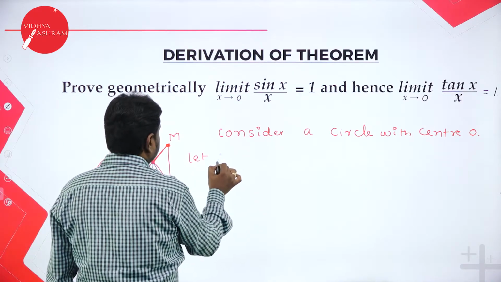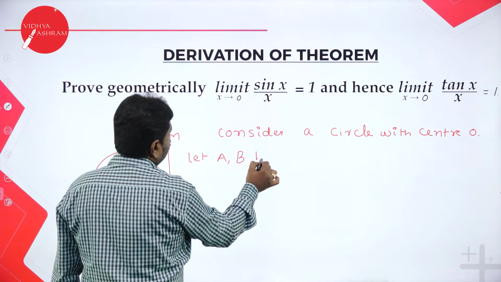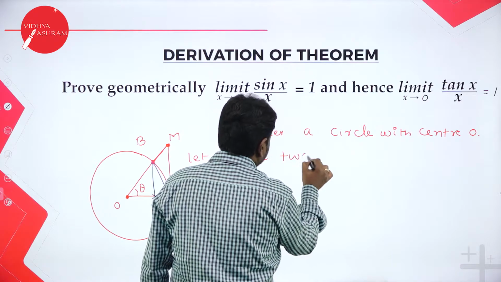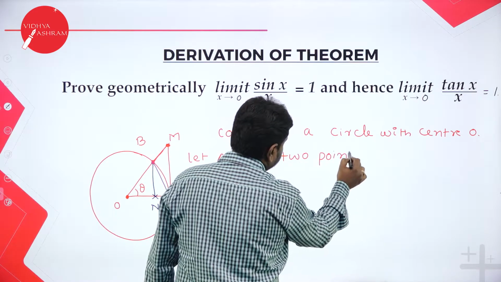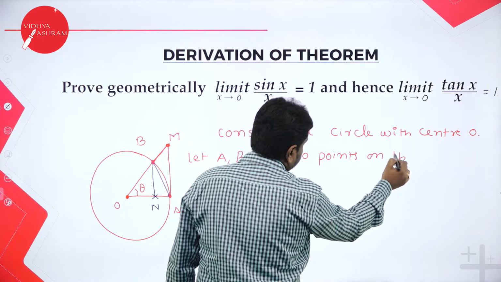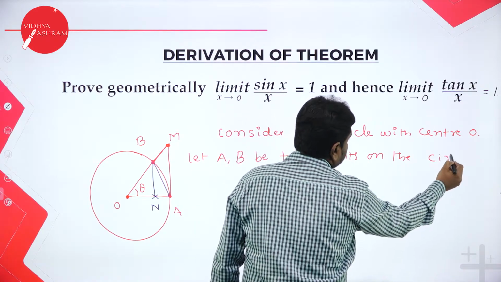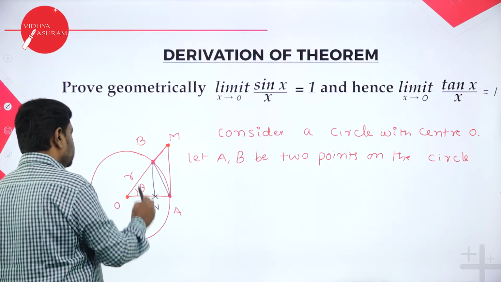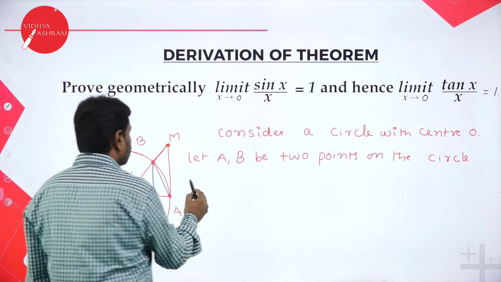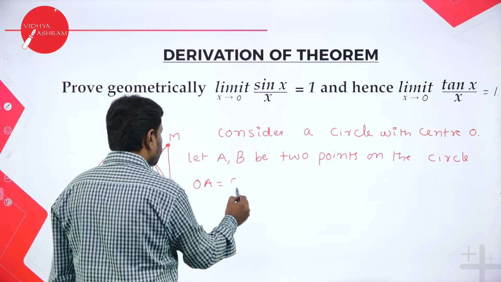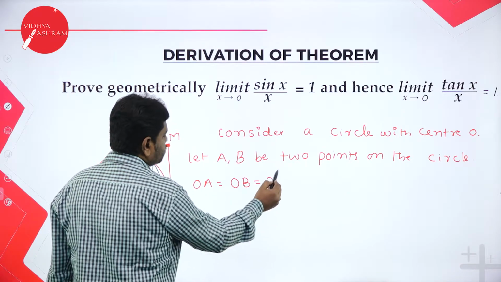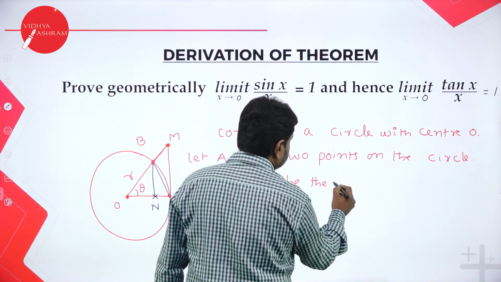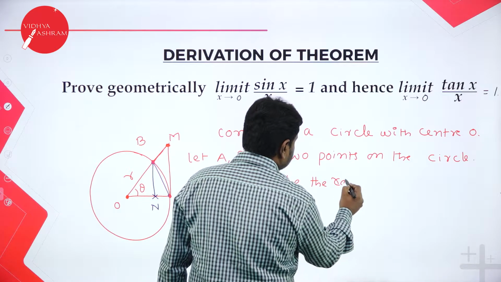Let A, B be 2 points on the circle. And very important thing is radius. We'll assume R be the radius of the circle, means O to B, O to A. So OA is also radius. OB is equal to what? Radius, R be the radius. For any circle, center to any point on the circle is the radius of the circle.